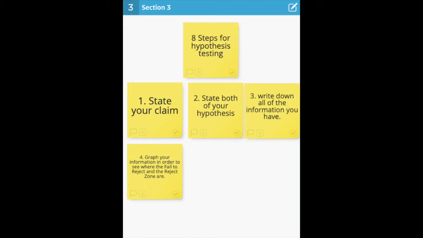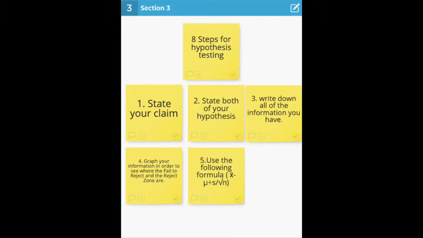Next, we need to use the formula of x bar minus mu over s, the standard deviation, divided by the square root of n. Now that we use that formula, with the number that we get, we need to see if it falls in the fail to reject or the reject zone.